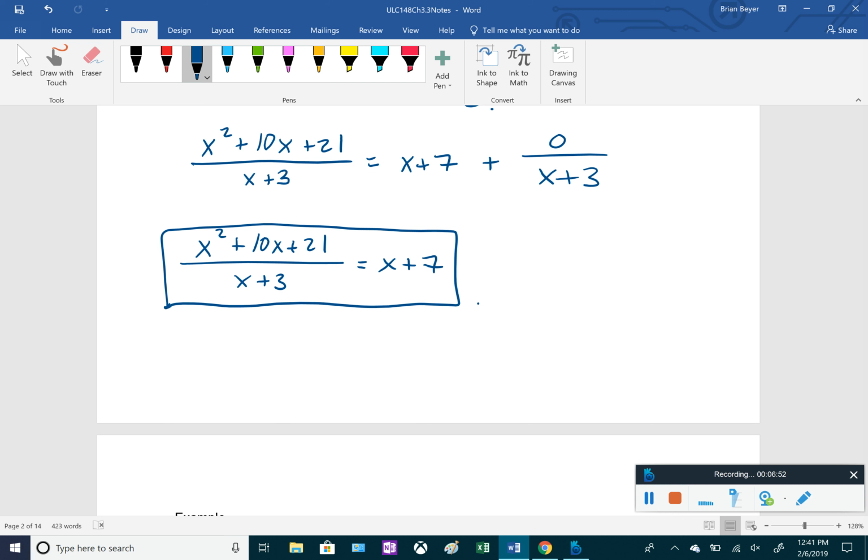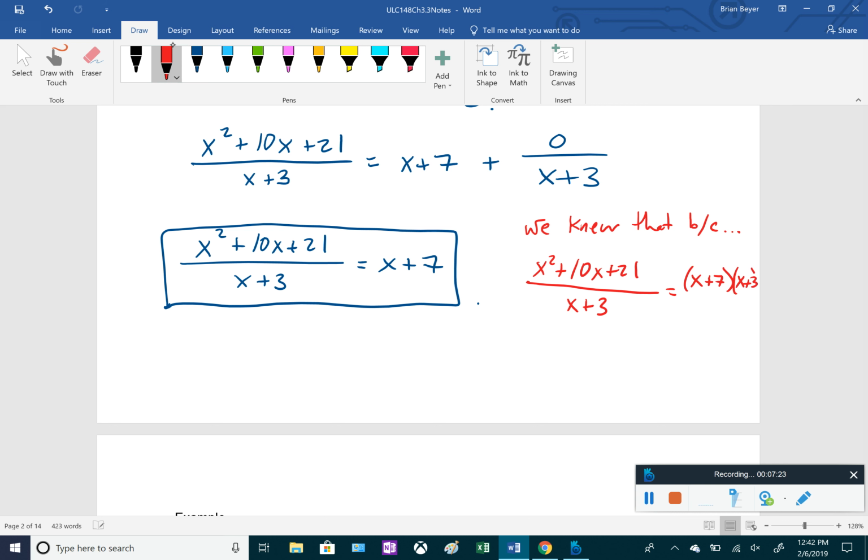So we actually knew that before without even doing long division. So I'm just going to do this on the side. So I'm just going to put, we knew that answer, because if we start off with this, x squared plus 10x plus 21 divided by x plus 3, we can factor that numerator as x plus 7 times x plus 3 divided by x plus 3.